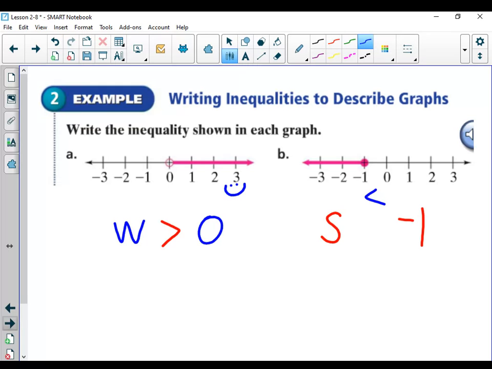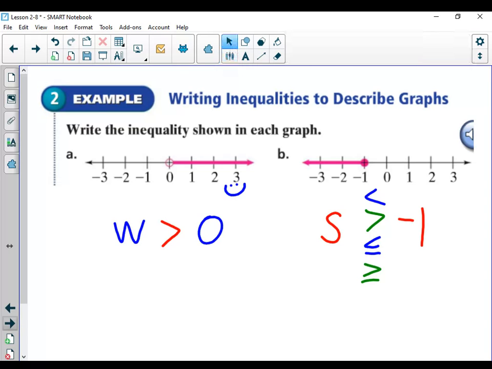Then I have 4 choices of symbols that will fit there. I can eliminate 2 of them by looking at the dot. Since it's a filled in dot, I have to have the equal bar underneath it, which means the top 2 are already eliminated.